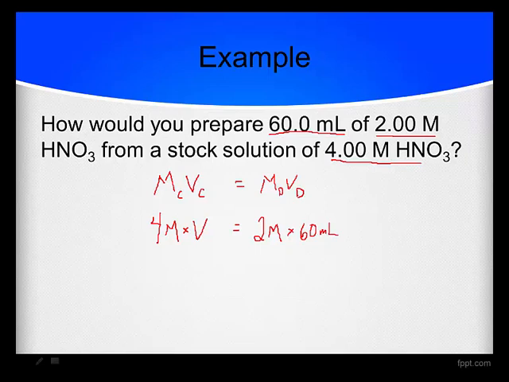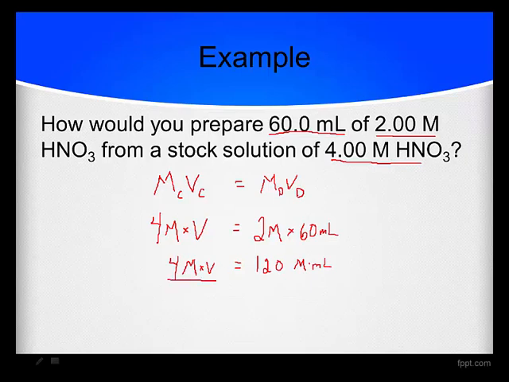Okay. Are you guys following along? Yeah? This is easy, right? 2 times 60, that's going to give me 120. Technically speaking, the units are molar times milliliters. And we got 4 molar times volume still on the left-hand side.